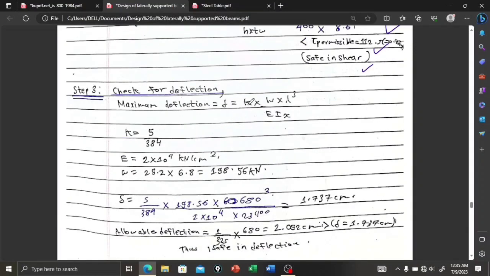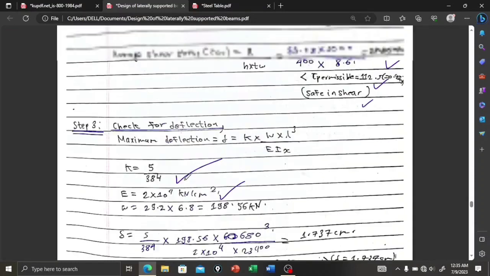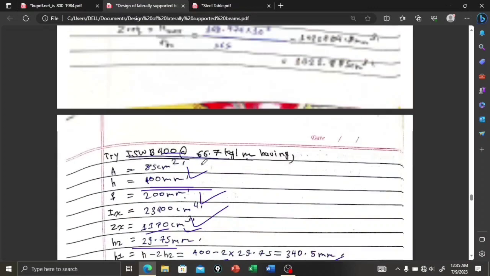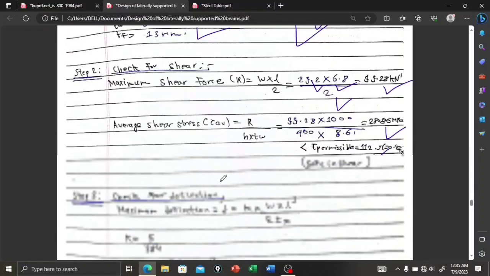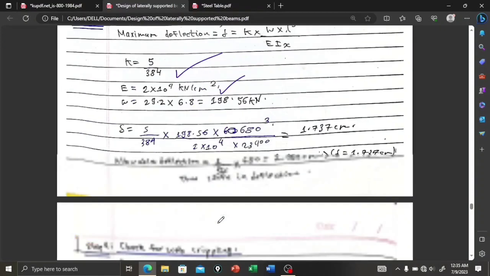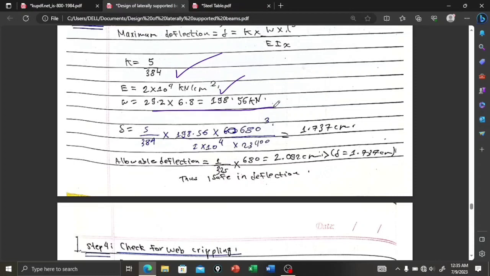Check for deflection. Delta is K WL cube by EIXX. K is this, and E is 2 into 10 power 4 kilonewton per centimeter square. W is 29.2 into 6.8, it is 198.56 kilonewton. So there will be 1.737 centimeter.